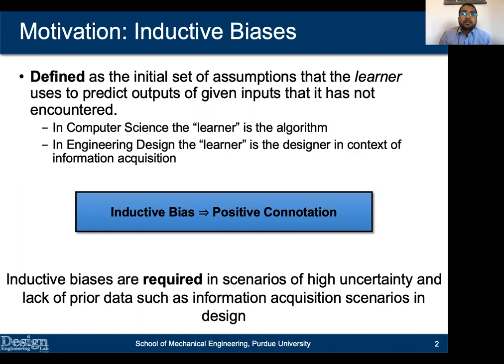So from that perspective, inductive bias is a positive term, as compared to the biases that are typically used with a negative connotation. These inductive biases are required in scenarios where there is high uncertainty and a lack of prior data, such that designers need to rely on their prior knowledge, their expertise, and so on to make decisions.